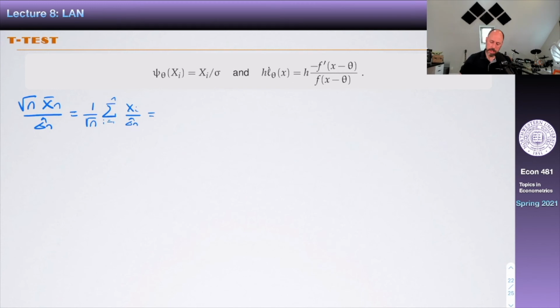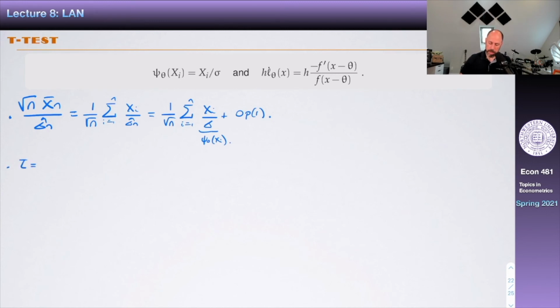And then we can just do the usual manipulations here to replace sigma hat with sigma and obtain a remainder term. And so we see then that this is the influence function of the t-test. So what we need is to find tau, right?